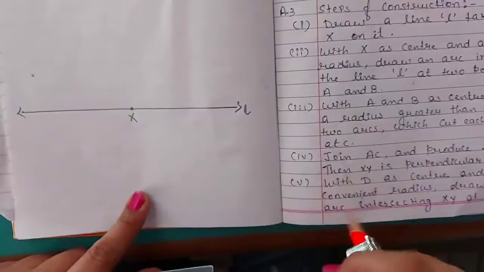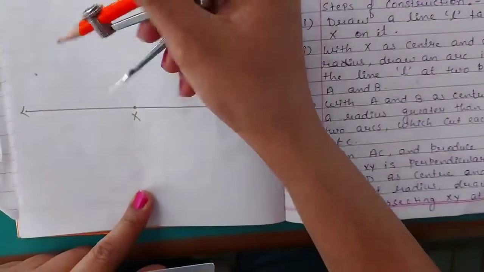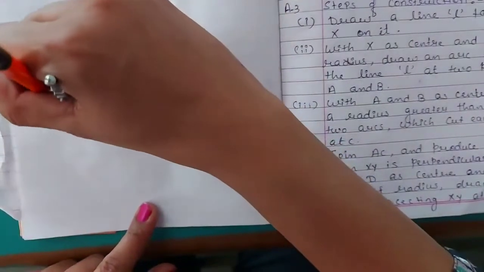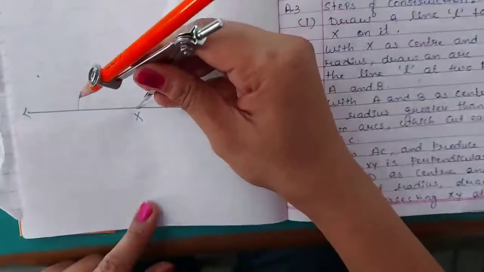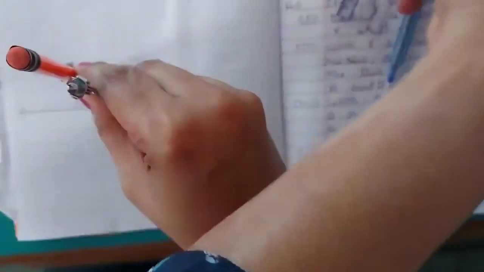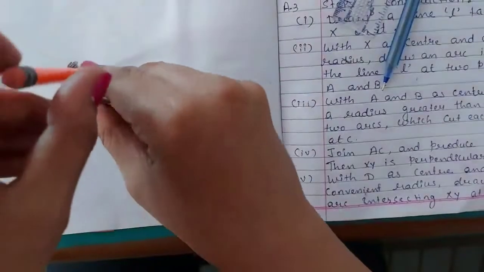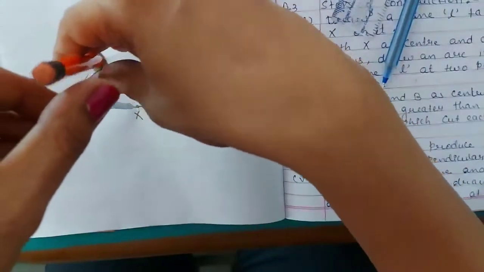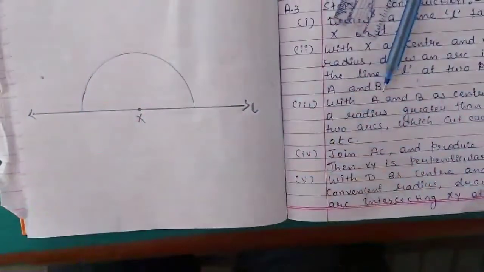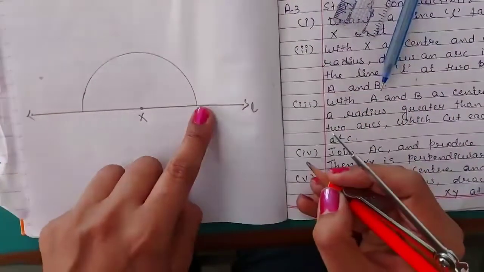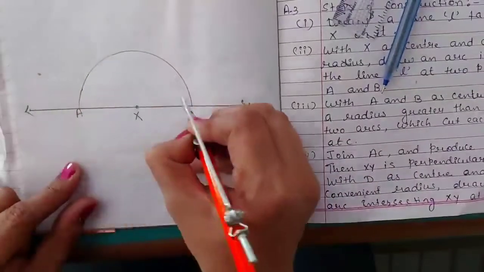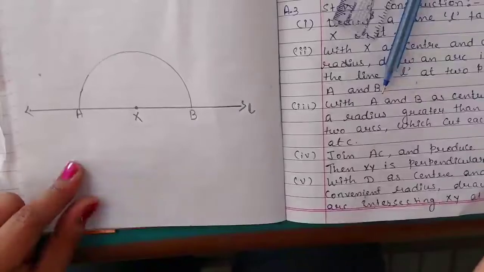So here we will take our convenient radius and draw an arc with X as a center. As these two arcs intersect on the line L, we give the names A and B.